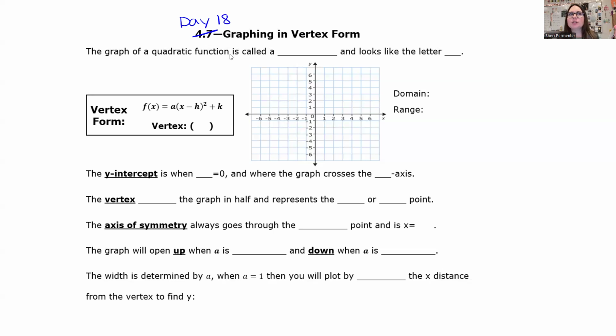The graph of a quadratic is also called a parabola. It's spelled parabola. If you're spelling it, it spells like parabola. And it looks like what letter?